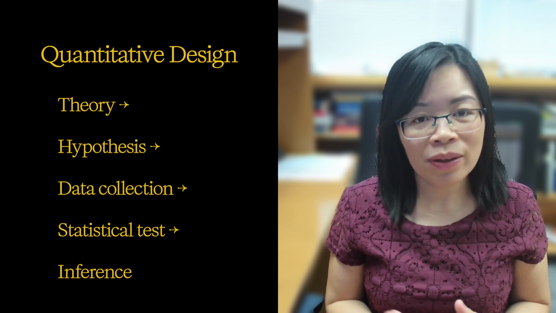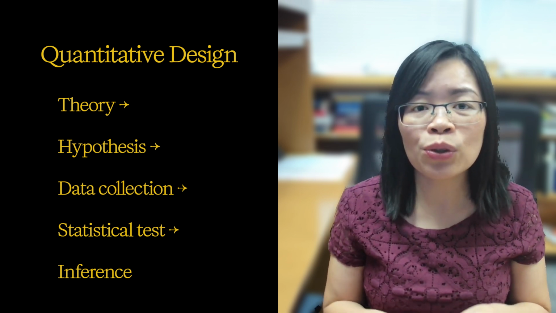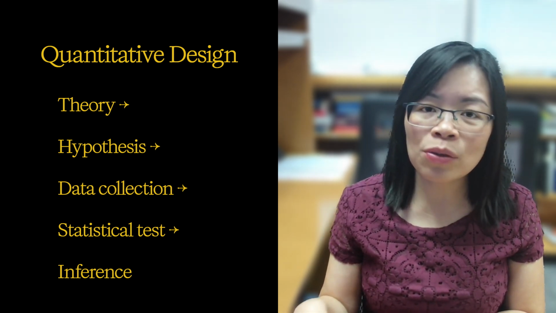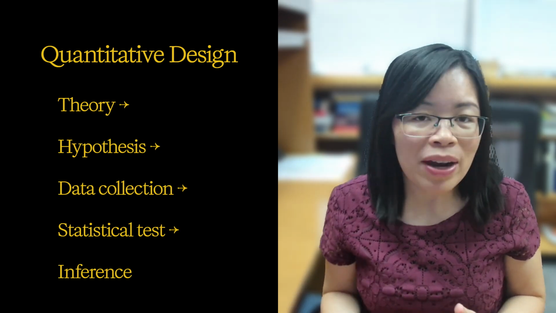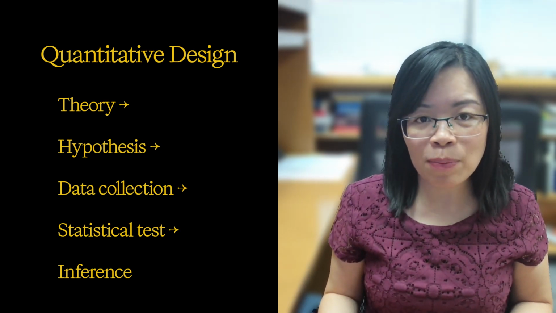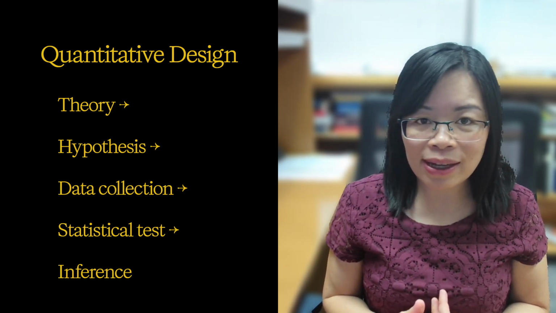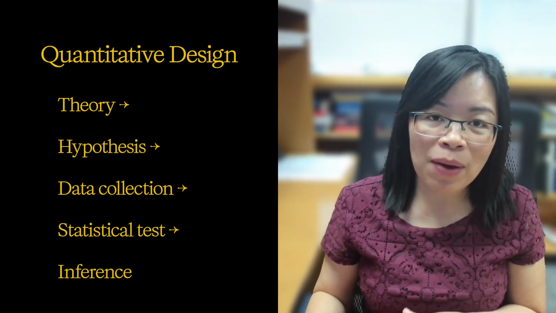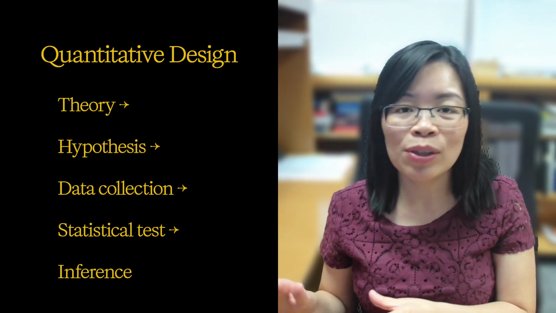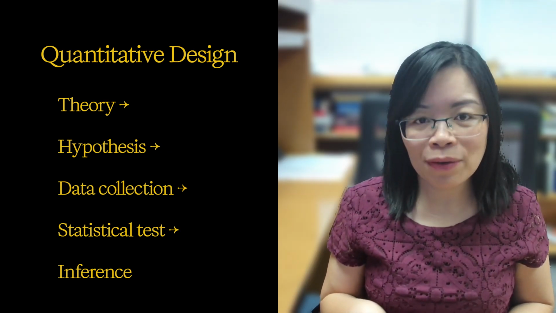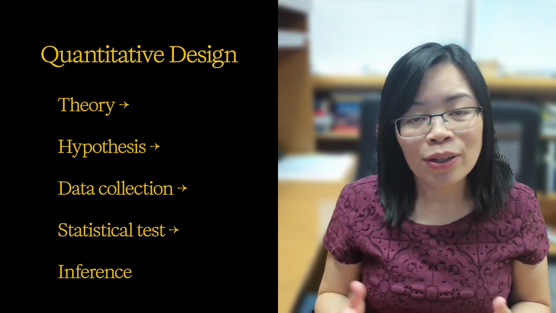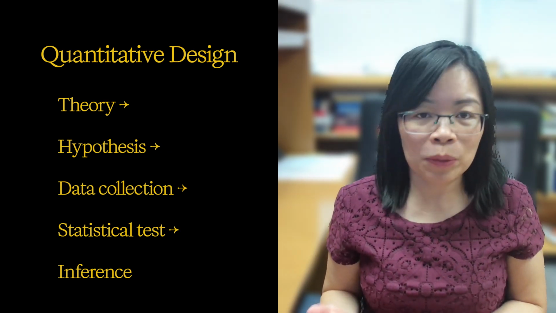You start with a theoretical framework that leads to specific hypotheses or predictions, and then you collect data, often numeric data, to test those hypotheses. The classic process is theory to hypothesis to data collection to statistical test to inference. Here, the quantitative methods are chosen to match the theory's form of propositions.